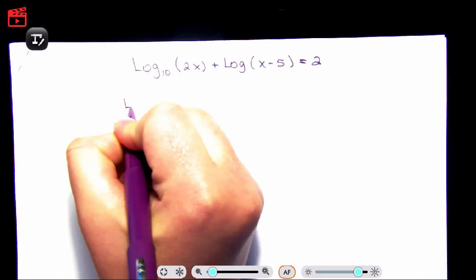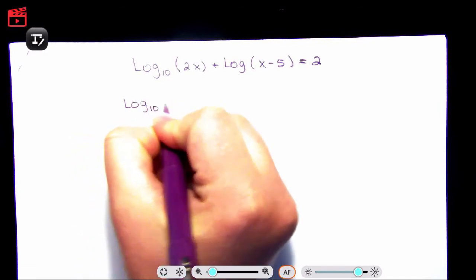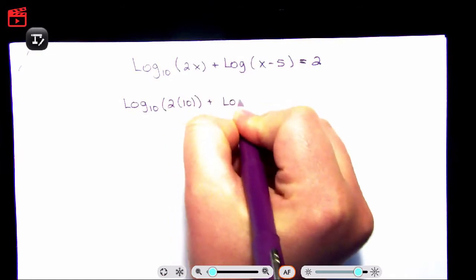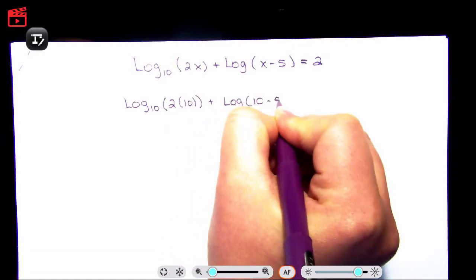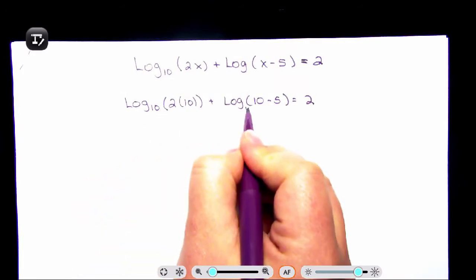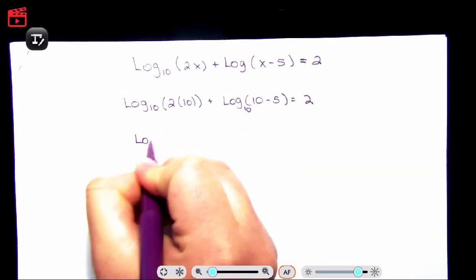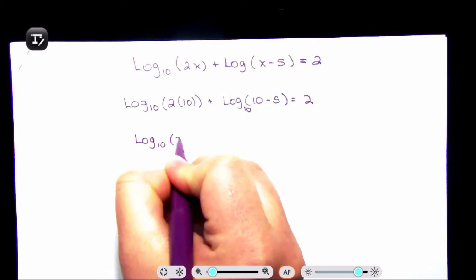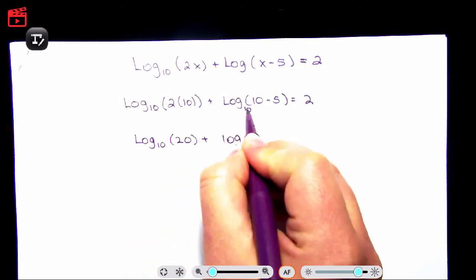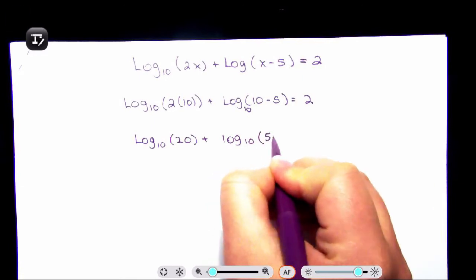So let's see what we have. Let's start with the log of 10. So 2 times 10 plus log of 10 minus 5. So I have log base 10 of 20 plus log base 10 of 5. You can omit that 10 as a base if you choose.